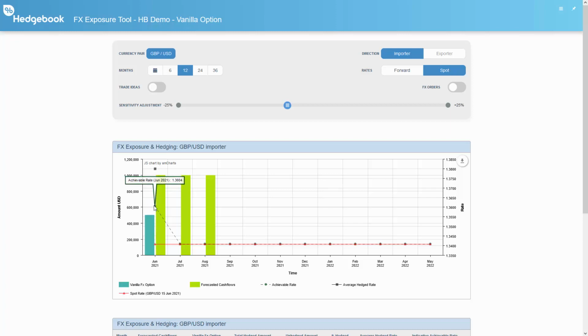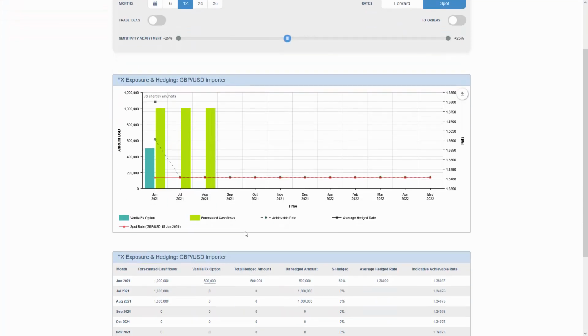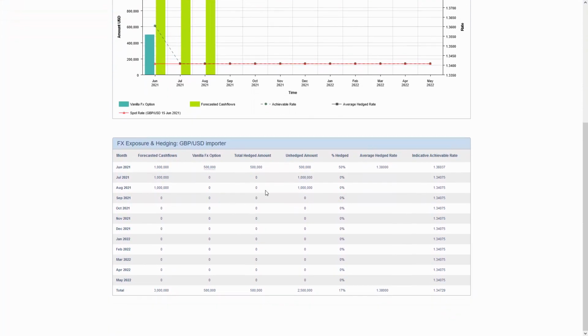And that achievable rate is in the middle because it's 50% hedged at the hedged rate and 50% of the unhedged cash flow at the prevailing spot rate or market rate. So that's what's giving the 136.04 outcome. And that gets represented in the chart below.